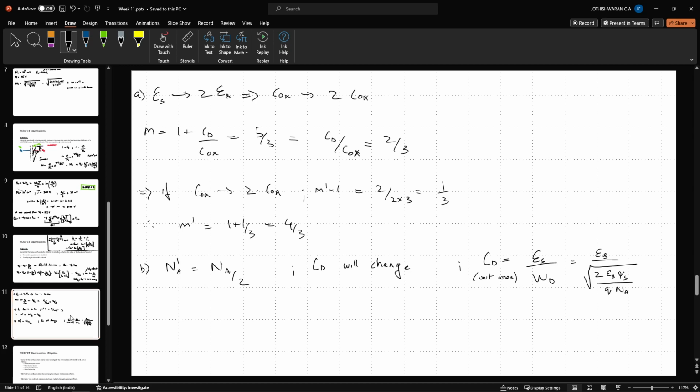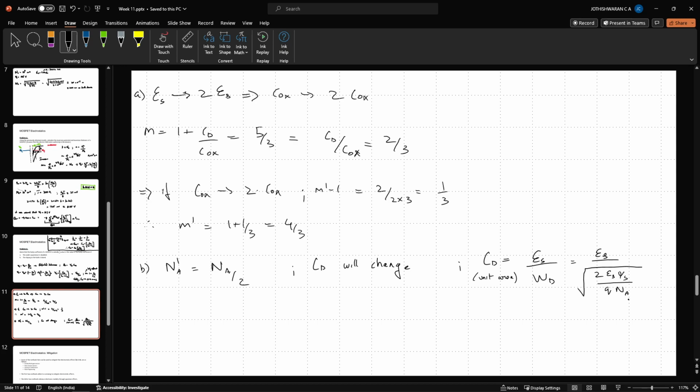Now what we have been asked is, this is a depletion capacitance. So the question that has been asked is what will happen if Na goes to Na by 2?